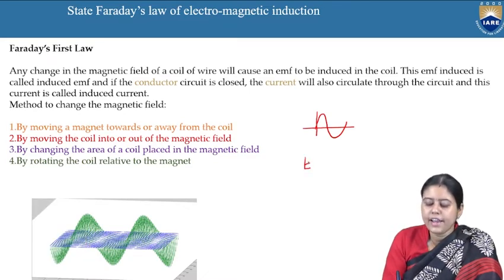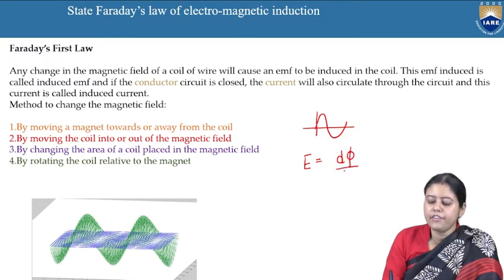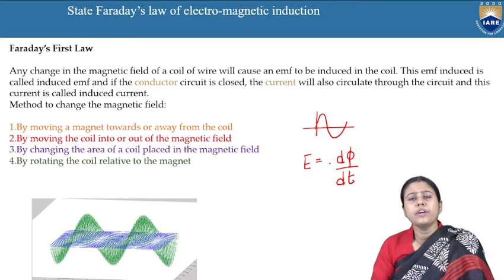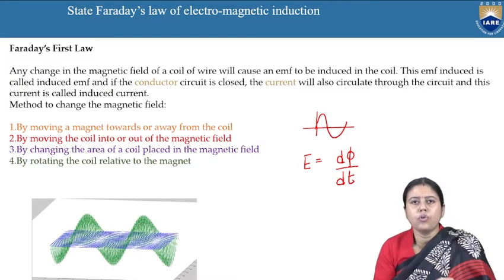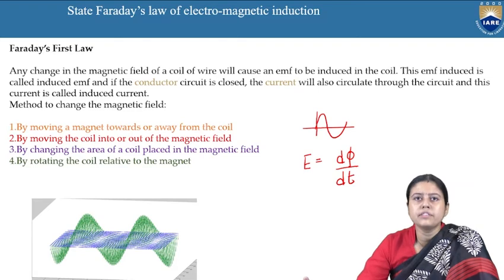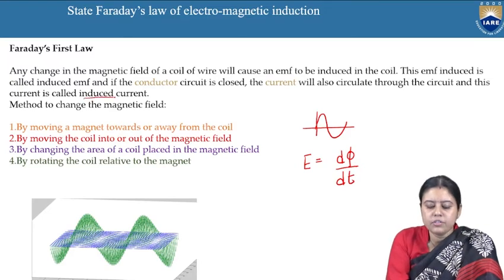We can write induced EMF equal to the rate of change of flux, d phi by dt. And if the circuit is closed, as EMF is the voltage source, current will start to move, and this current is known as the induced current.